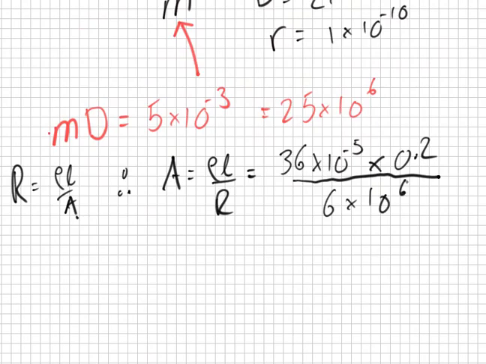So if I type all that in, let's see what I get. That is 1.2 times 10 to the minus 11. That's the area.